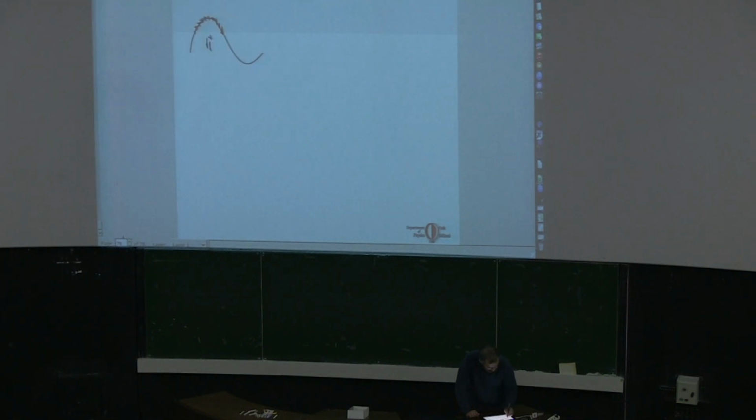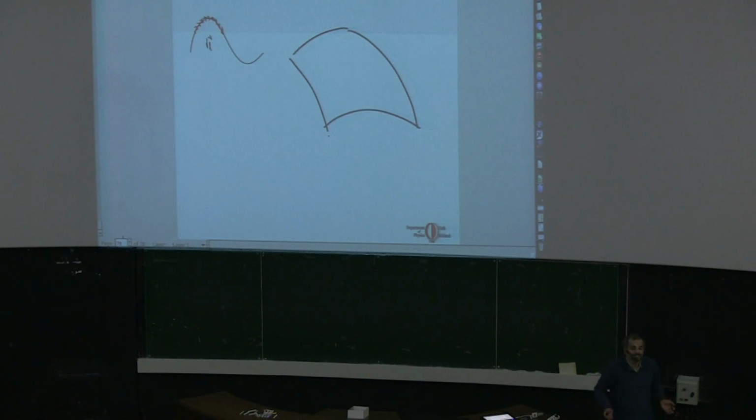Now what we have is these surfaces. This time it will be a surface of any size, any shape. You can imagine electric field lines in this region of space.